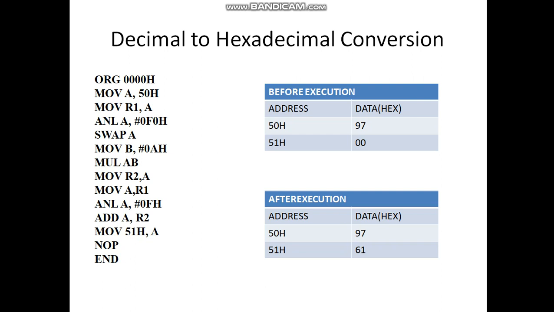As we need to multiply it with 0A, we have to load B register with 0AH because multiplication operation is allowed only with A and B register. Then perform multiplication operation. The product will be stored in A register. Whatever is there in A register is stored in R2 register.